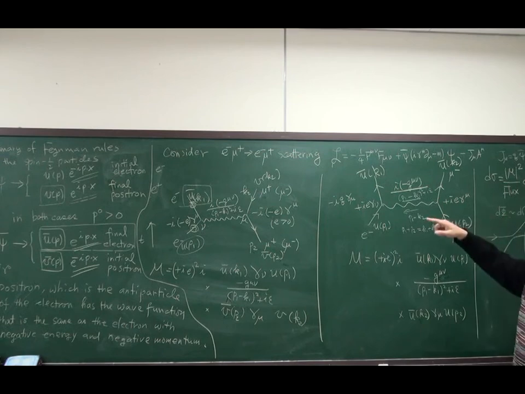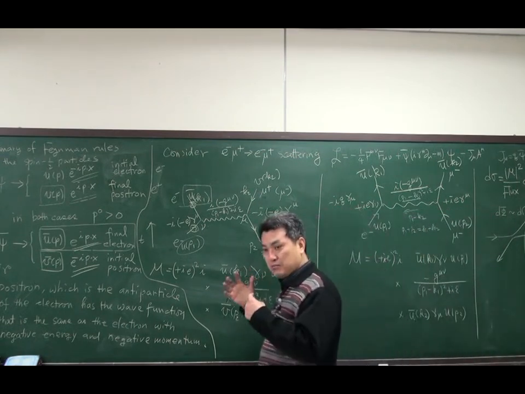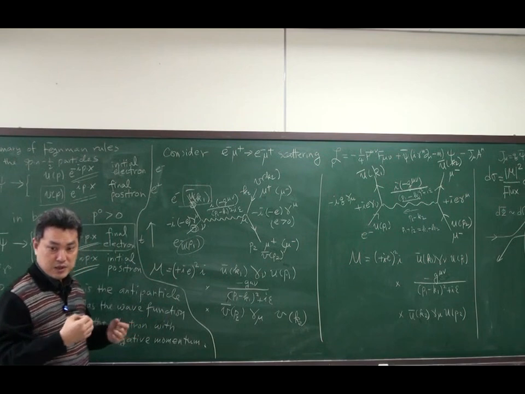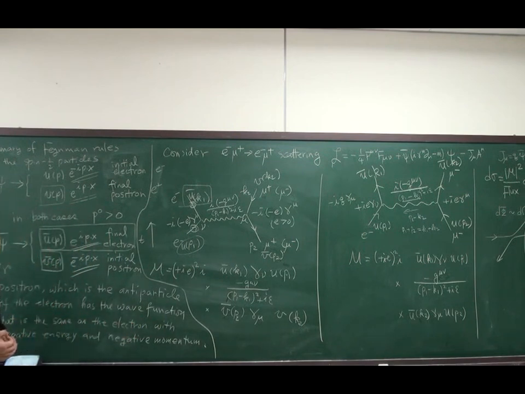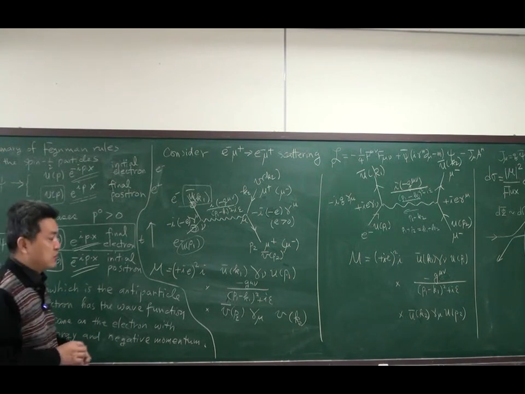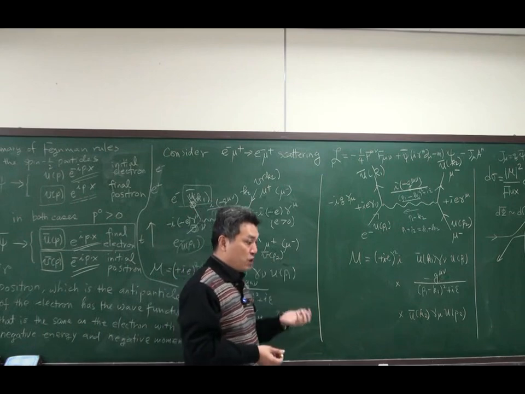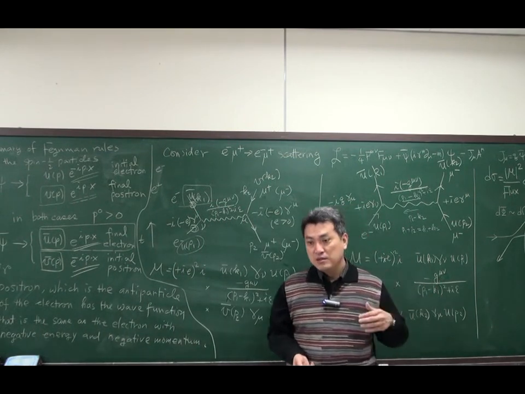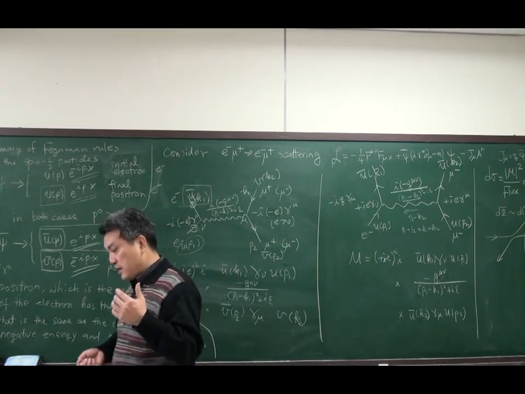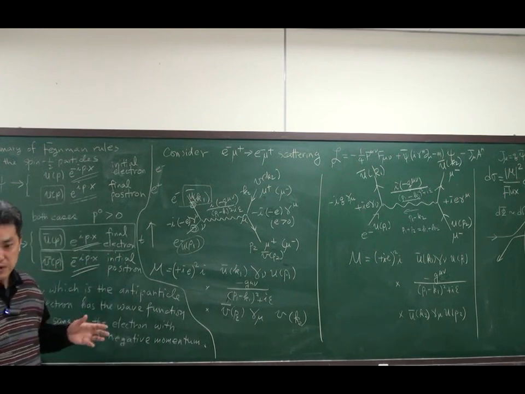Remember? All those things are combined, and when we integrate over the interaction point, it generates the energy momentum conservation delta function, right? And there are two delta functions, and one delta function has been removed by taking the ratio.